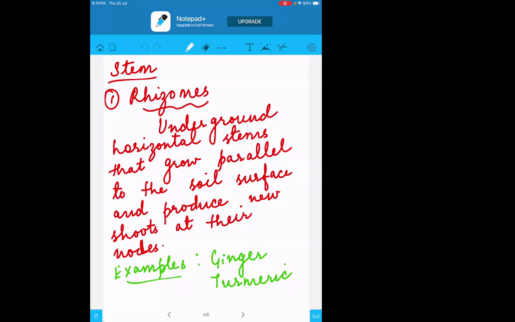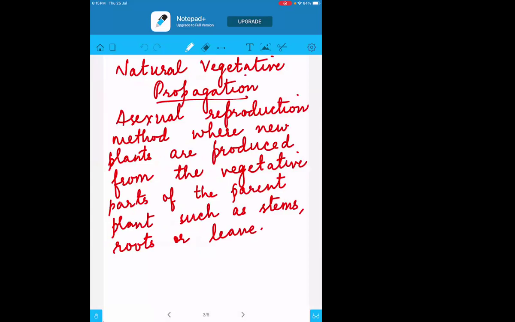Ma'am, can you show the before page? How can stems be underground, ma'am? Isn't it root? No, they are the stem actually. See, it is not important that always the stem will be thin and green in color.